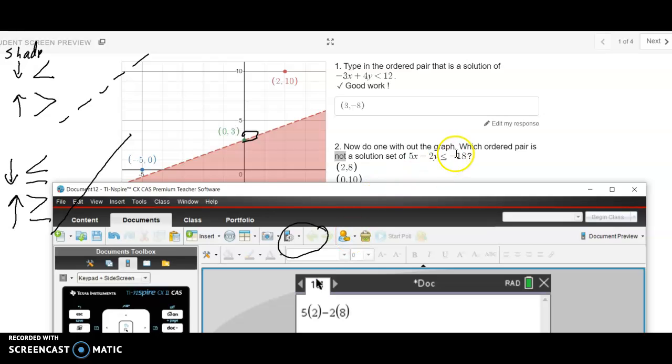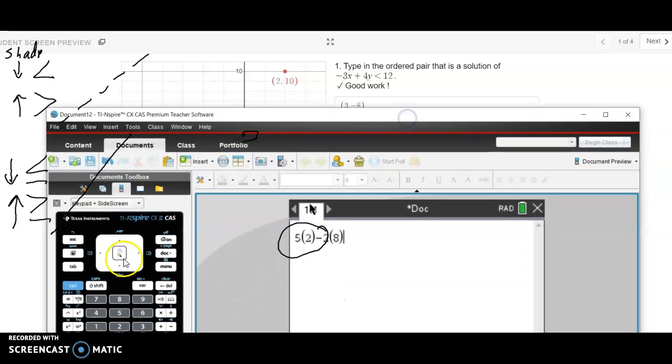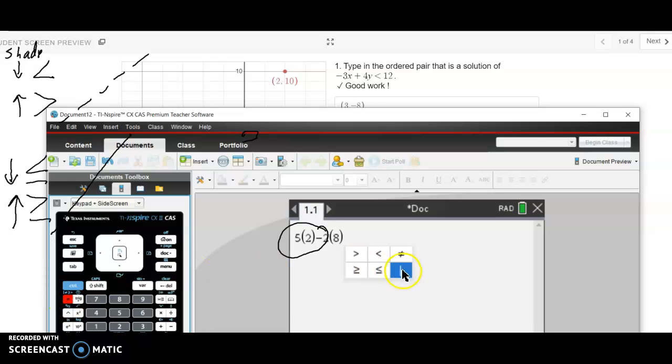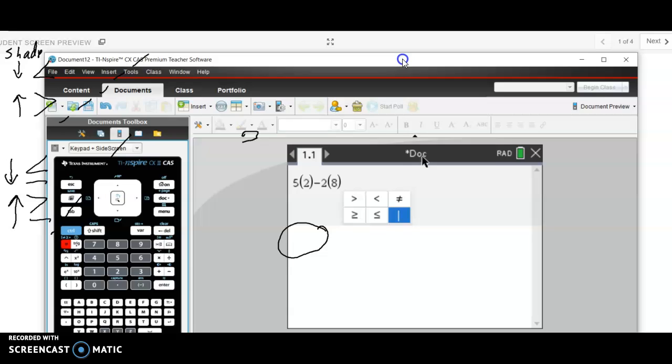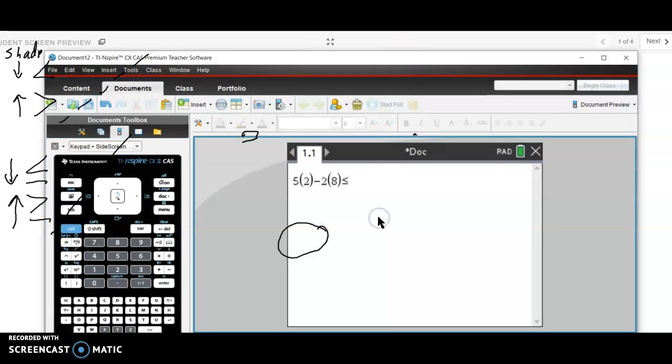And now I have to get this symbol, less than or equal to. The way we get that is we press control, hit the equal sign, and then my options come up. The one I want is less than or equal to, and it's negative 18. I hit enter, and I get a false.